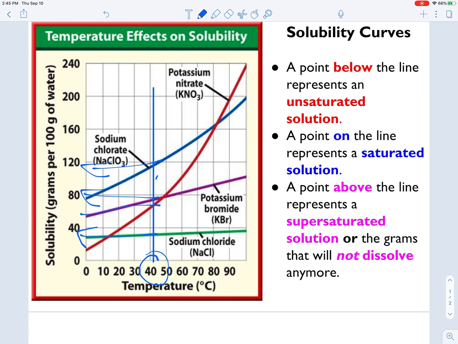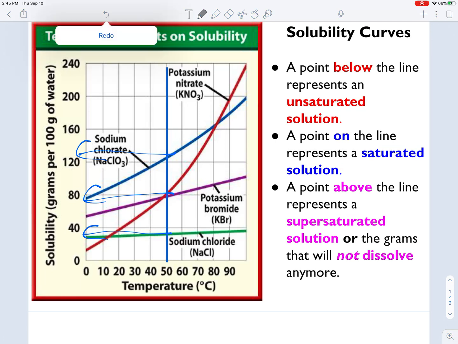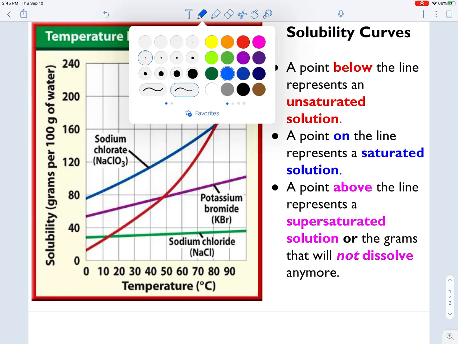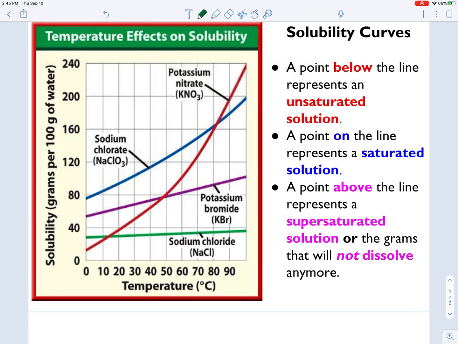I can also start on the y-axis, and I can draw a horizontal line. So if I draw a horizontal line, let's say over here, I can figure out at what temperature 120 grams is going to dissolve for each of these.